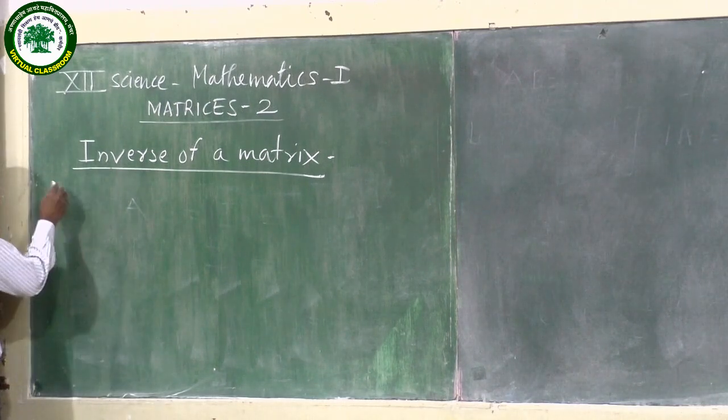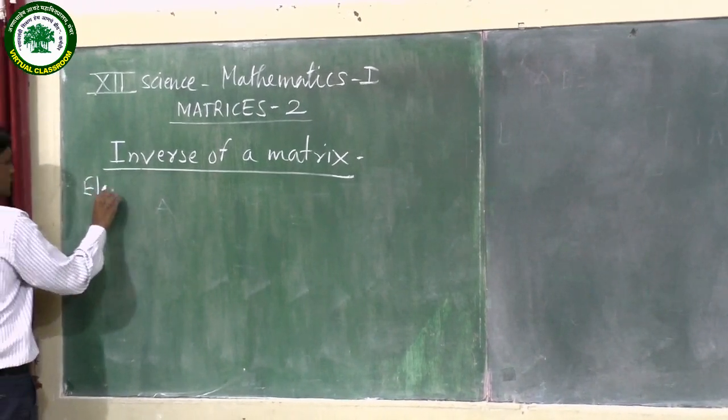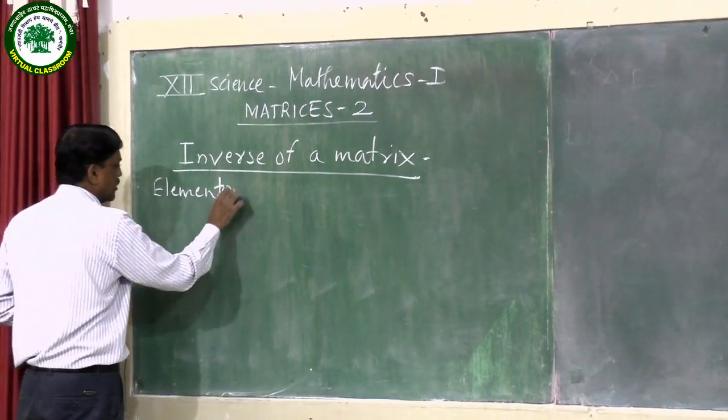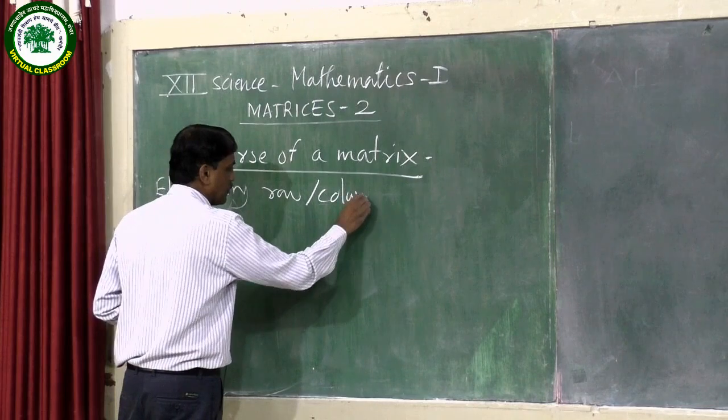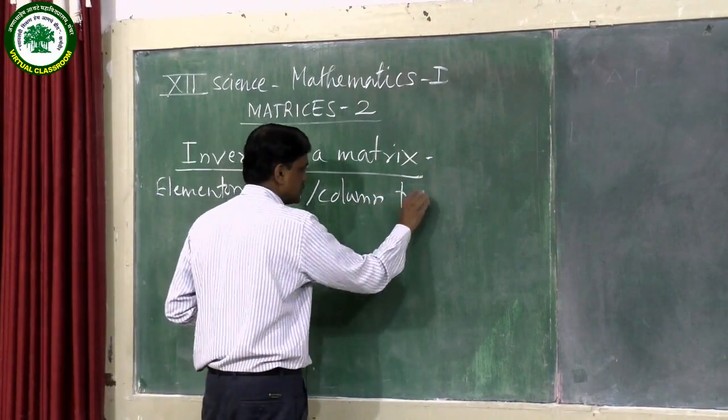Inverse of a matrix by elementary row or column transformations.